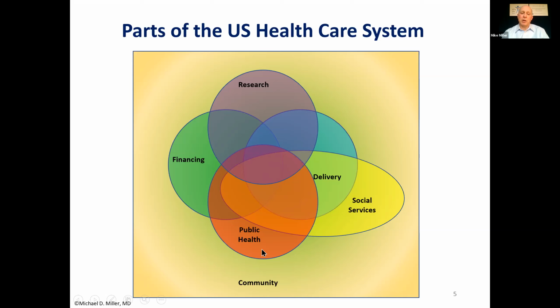Most of the time they're in their community, and that really affects how healthy they are: their housing, their transportation, the food that's available to them, those kinds of things. So that's just a broad construct at a global level about what the parts of the healthcare system are and how they interact.